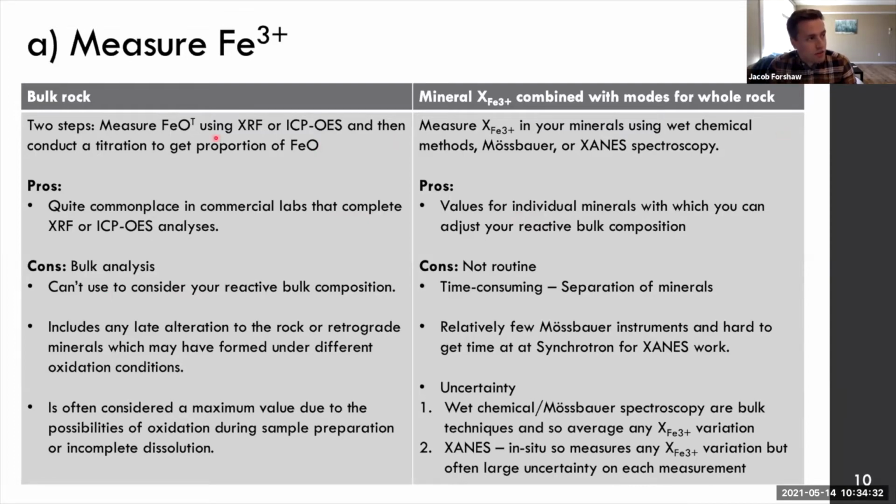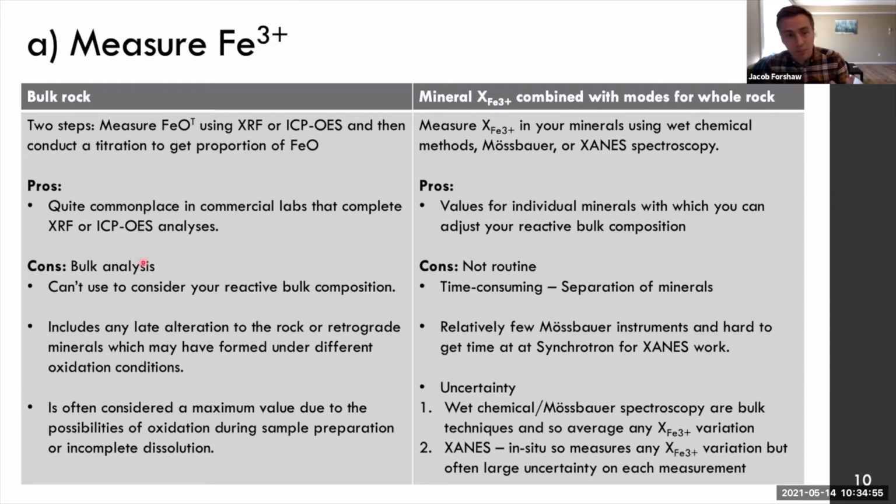So I can go through these slides quite quickly, but the first option, A, is that you measure iron 3+, and you either measure your total iron with XRF or ICP-OES or something, and then you conduct a titration or even Mössbauer to get the proportion of that which is iron 3+ to iron 2+. The pros of this is that it's pretty commonplace in commercial labs if you want to get a titration done alongside your XRF or ICP-OES analysis.